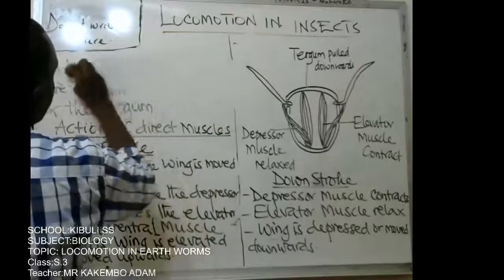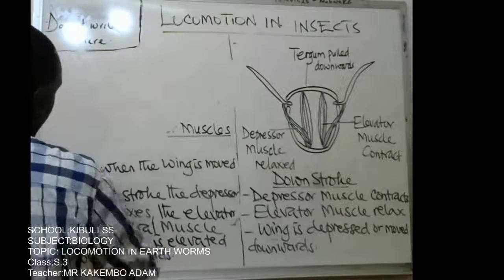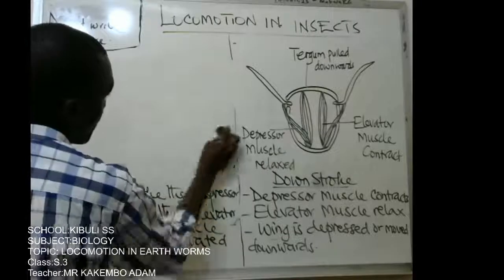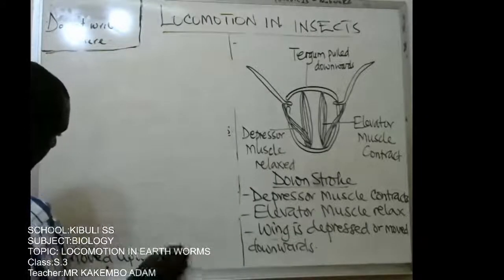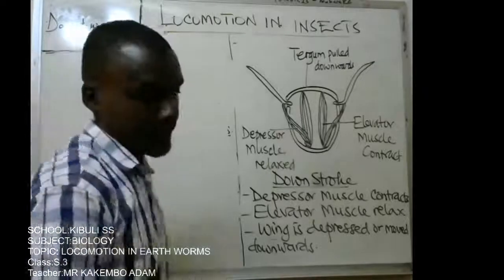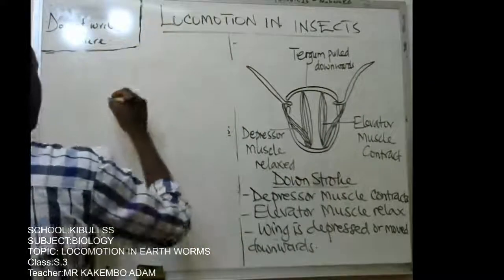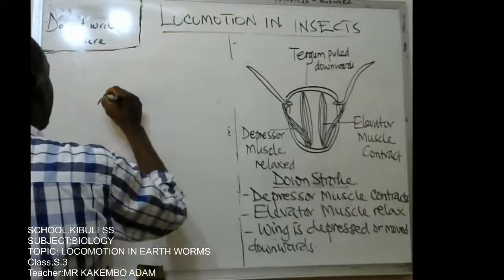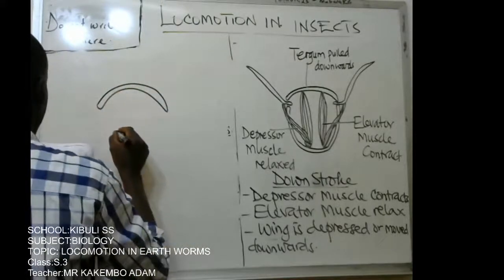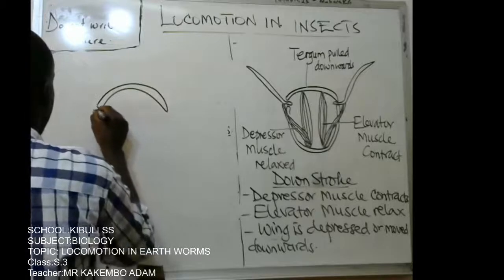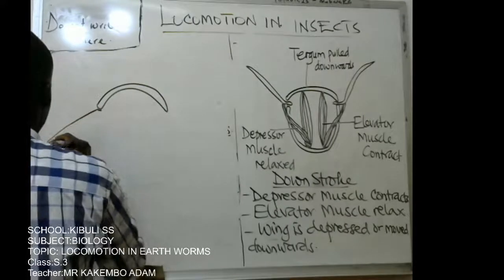Then the illustration shows the changes in the position of the wings and the muscles. The roof, or the tagam, is moved upwards. The effect is the wing is lowered.